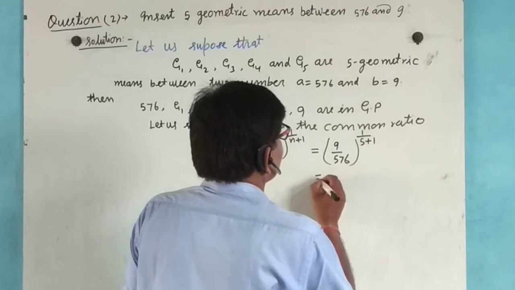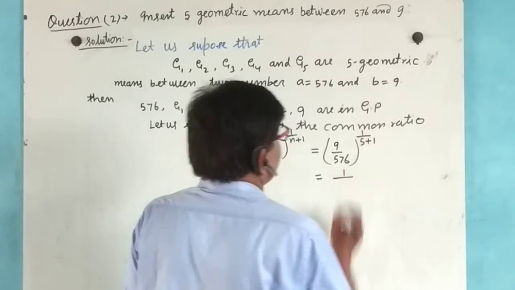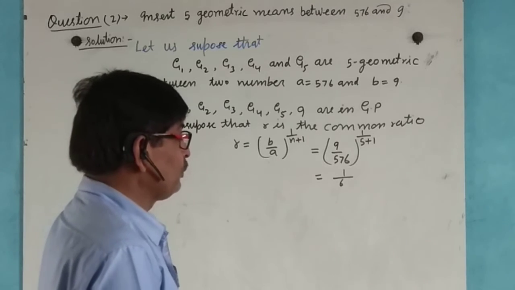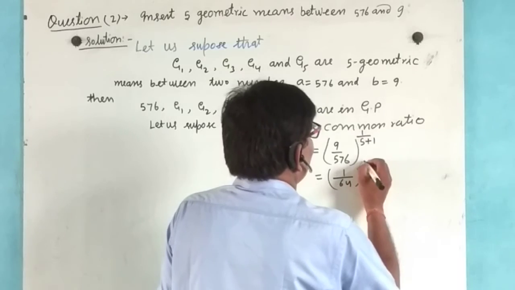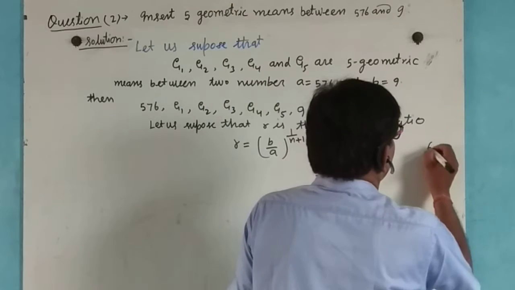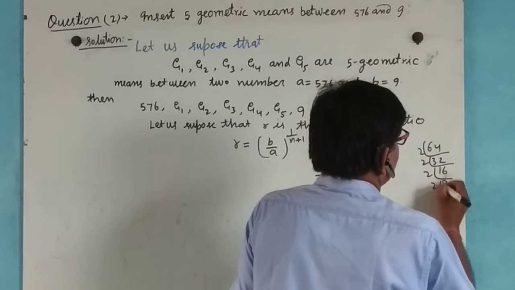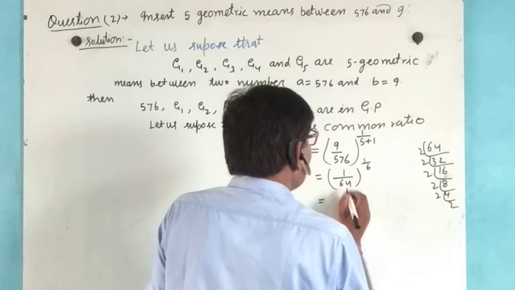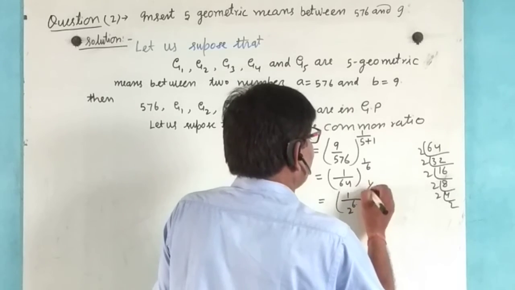In this case 9 divided by 576, to the power 1 by 6. 9 sixes are 54 and 9 fours are 36. Now this can be written as 1 by 2 to the power 6, to the power 1 by 6.